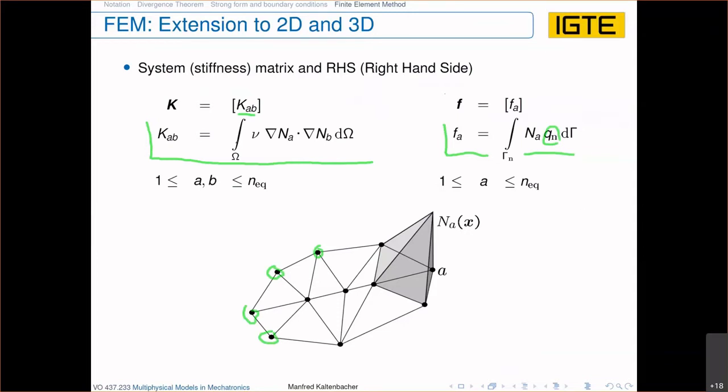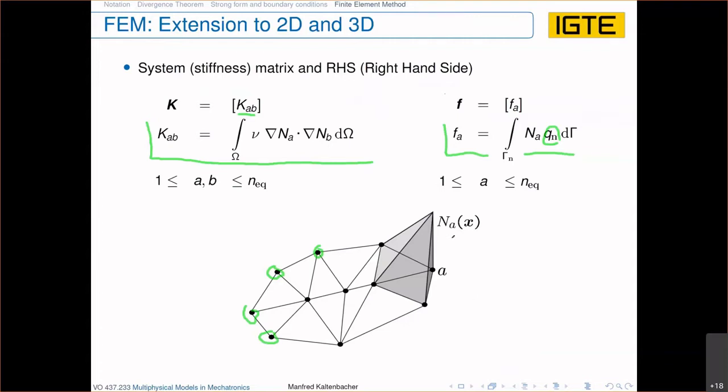Clearly, what we immediately see is the following. Why do we integrate over the whole computational domain when, for example, N_A has local support? It will just have an overlap with N_B, where B could be this node or this node. For all the other nodes, there will be no overlap between the two basis functions. We also have seen this nicely in 1D, where you just have a left and a right neighbor basis function with overlap.